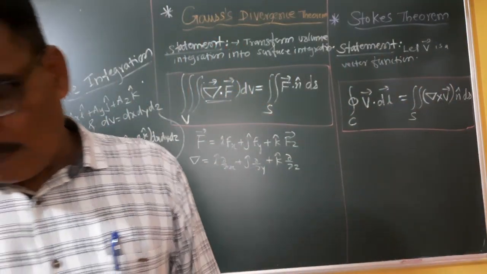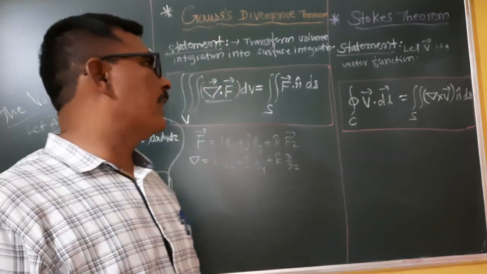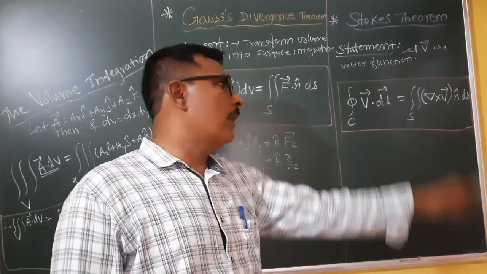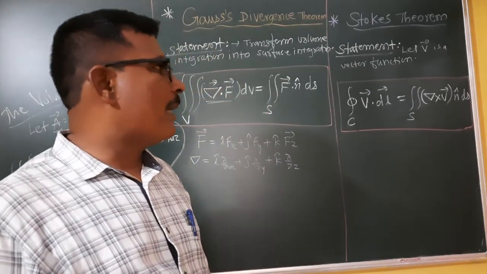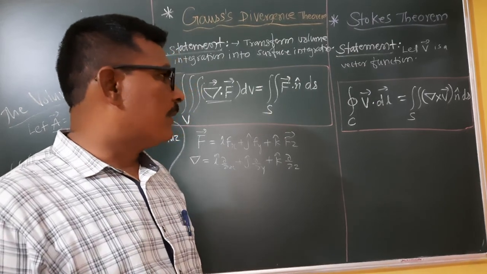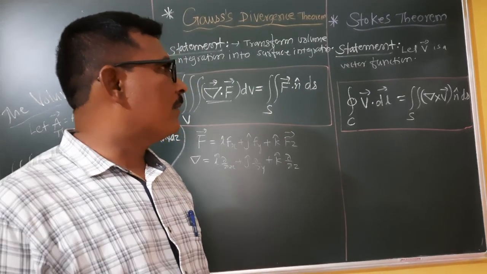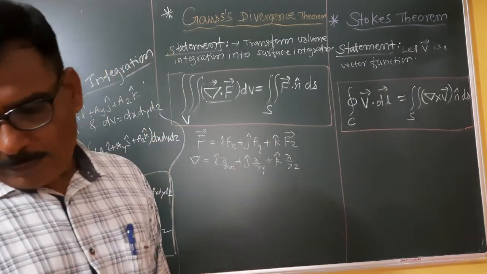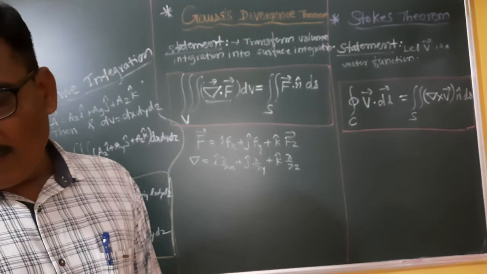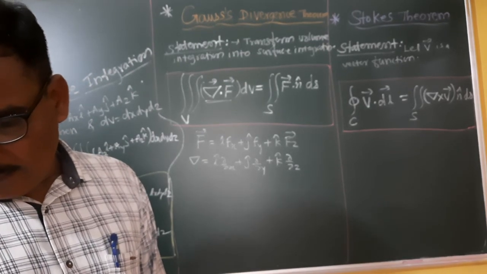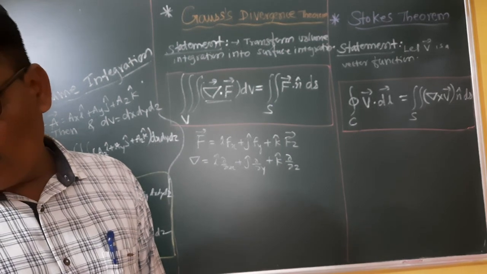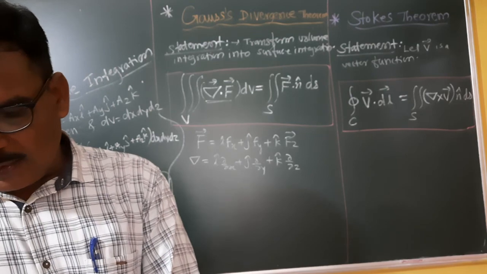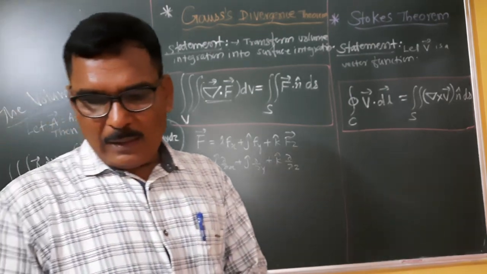The mathematical statement is V bar dot dl bar is equal to the surface integration of curl of V bar dot n cap into ds, where n cap is the unit normal vector to the surface ds, V bar is the vector function, and dl is the length element. This is used to transform line integration into surface integration, or surface integration into line integration.